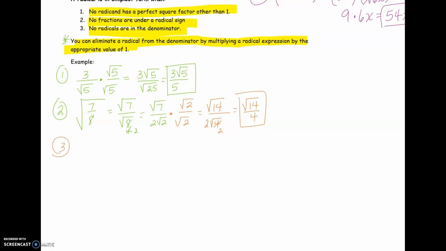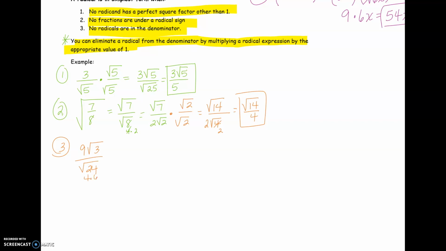All right, the next one. 9 times the square root of 3 over the square root of 24. Okay, so let's see, we have the square root of 24 in the denominator, and we know that it has a perfect square factor in it because 4 times 6 is 24.